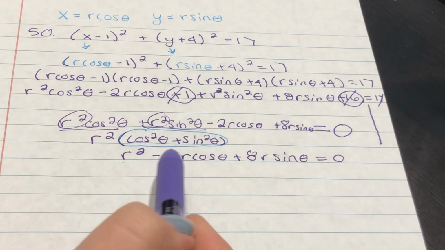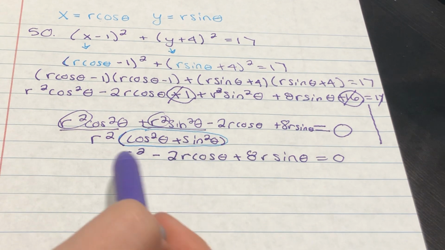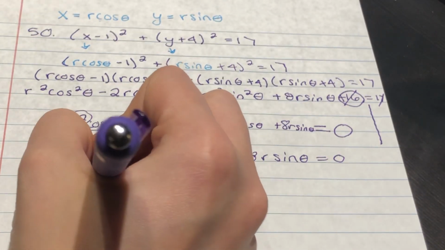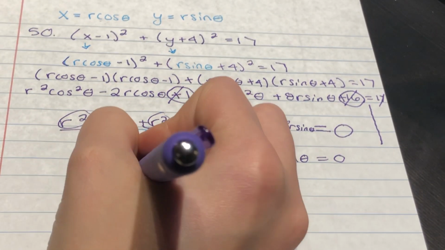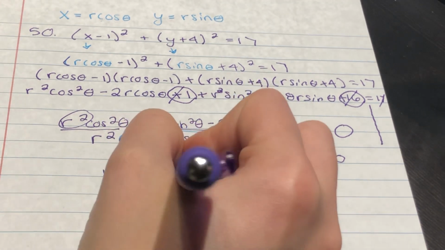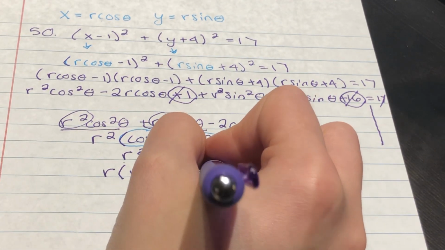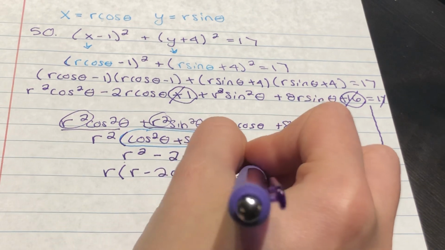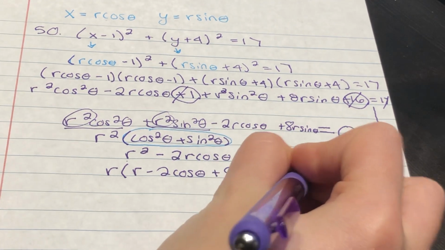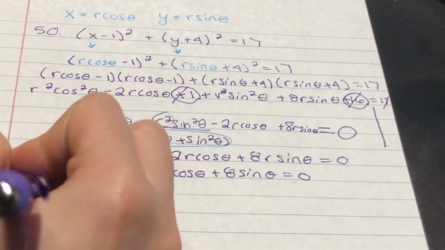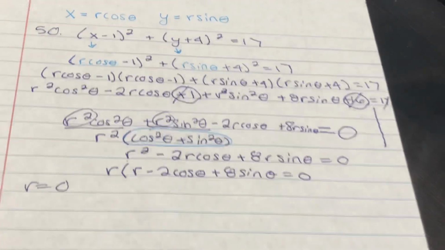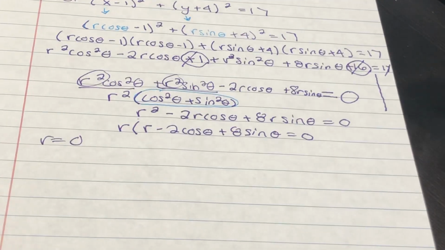Now if you notice, all three terms have an r, so I can factor out an r. So I'll have r times (r minus 2 cosine theta plus 8 sine theta) equals 0. r equals 0, that's not really important. That's just the origin, so we have that.